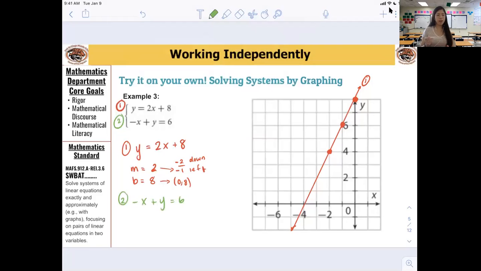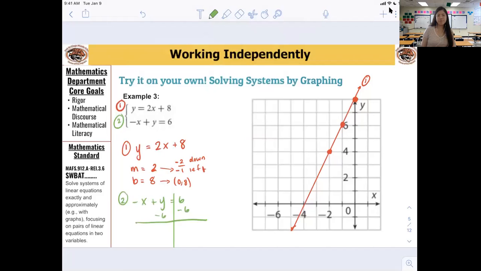If I want to get y all by itself, what's the only thing I really need to do? Okay, so subtracting 6 is something I can do, but is that going to help me get my y by itself, or is that just going to keep adding more stuff to the side that I want to get rid of?